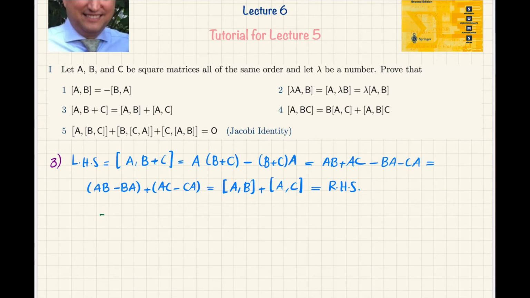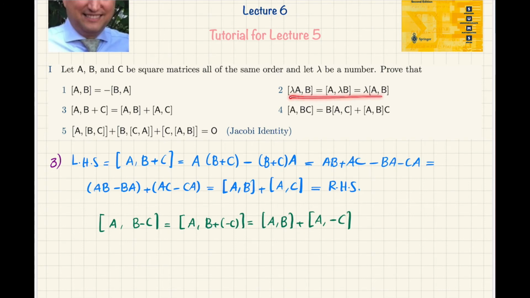So if I have A and B minus C, it's clear that I can write it in this form: A, B plus minus C. And because now I just showed that this is valid for the addition, I can write this plus A and minus C. But here, if you solve part 2, if I take my lambda equal to minus 1, this lambda can be pulled out. So this minus 1 can be pulled out, and then it becomes AB minus AC. So even though I have written it for addition, it's clear that it's also valid for subtraction.